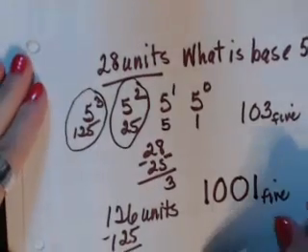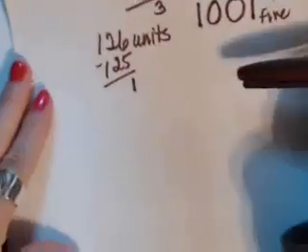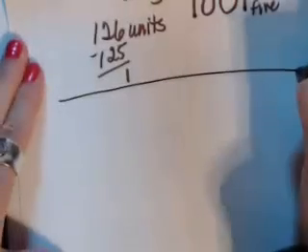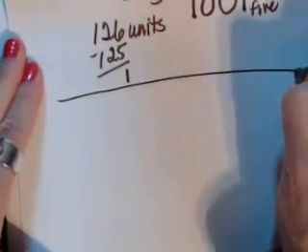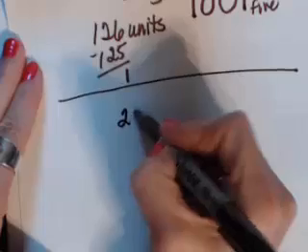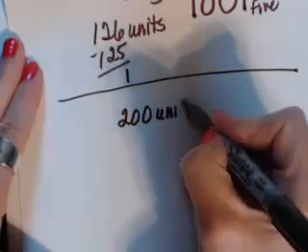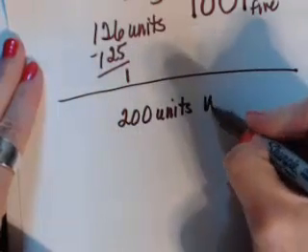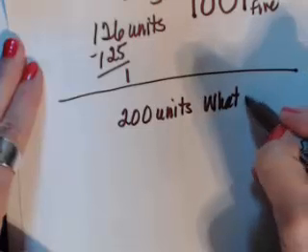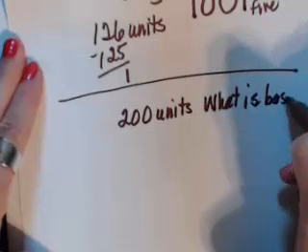Okay, these are the 2 problems that I want you to do and send to me on Blackboard. If you have 200 units, what is the base 5 number?